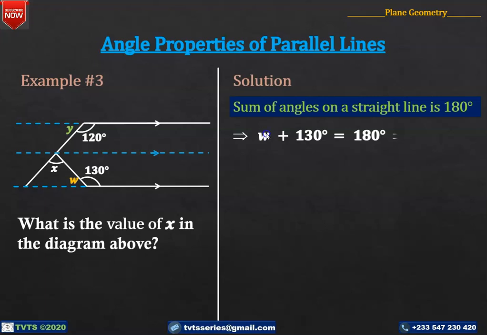Therefore, W is equal to 180 degrees minus 130 degrees, which is 50 degrees. Again, Y plus 120 degrees is equal to 180 degrees. Therefore, Y is equal to 180 degrees minus 120 degrees, which is 60 degrees.